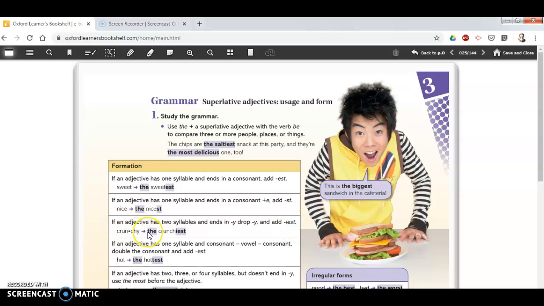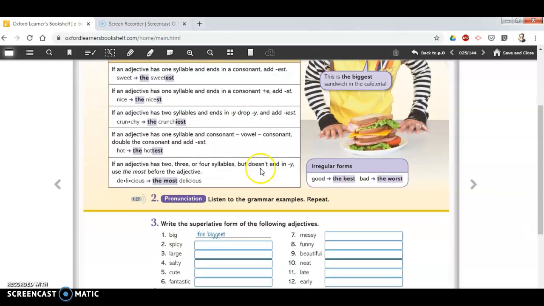For example, crunchy, the crunchiest. If an adjective has 1 syllable and consonant, vowel, consonant, double the consonant and add EST. For example, the word hot. We say the hottest. Double T because we don't want to change the last sound of the letter O.